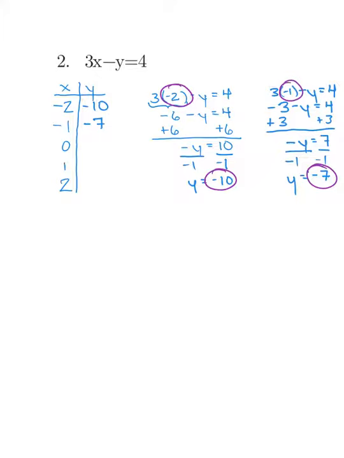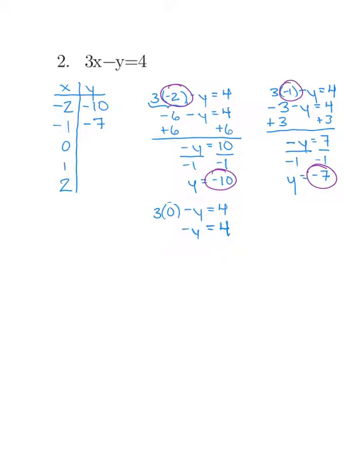So let's look at our third point. We want to plug in 0. We get 3 times 0 minus y equals 4. 3 times 0 is 0, minus y equals 4. If you want, you can go ahead and just cancel that out.